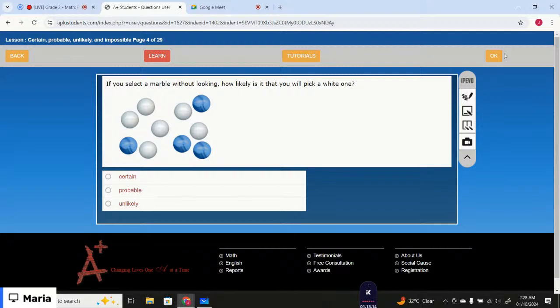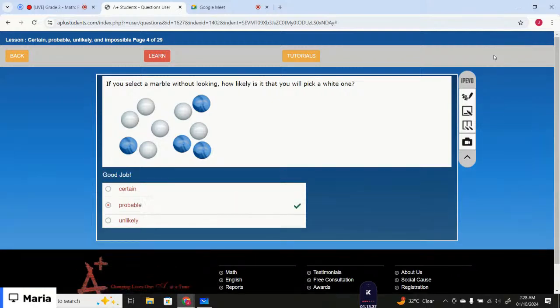So you have more white marbles than blue, so you will probably pick the white one. Not certain, probable. Since more marbles are white than blue, you will likely select the white one. Probable it is, not certainly.